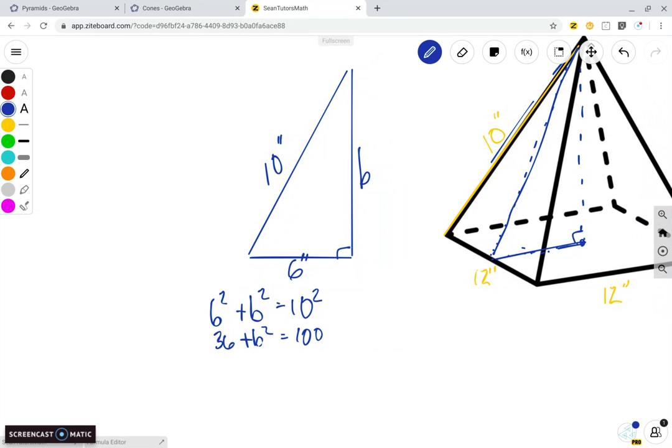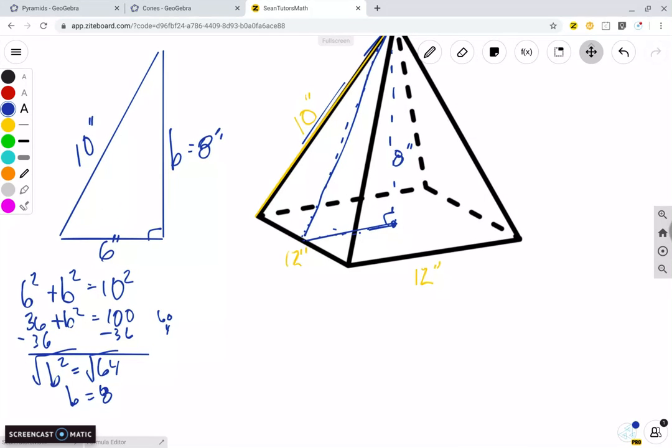And subtract the 36. B squared equals, let's see, what would that be? 4 up to 40, and then 60, 64. Square root of both sides. B equals square root of 64 is 8. So b equals 8 inches. Now we know the height.